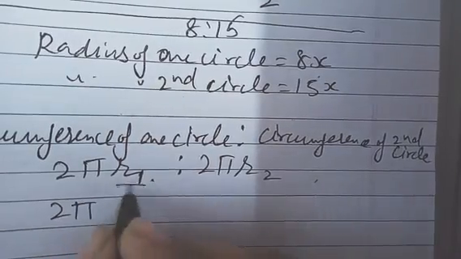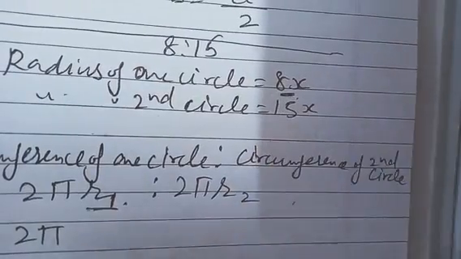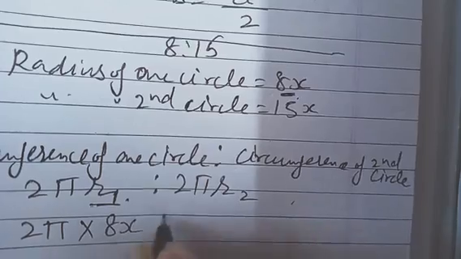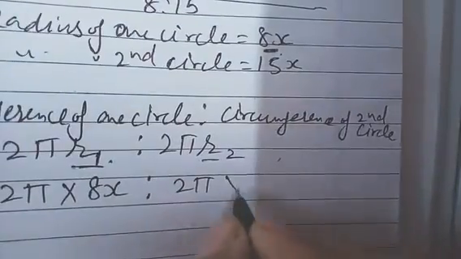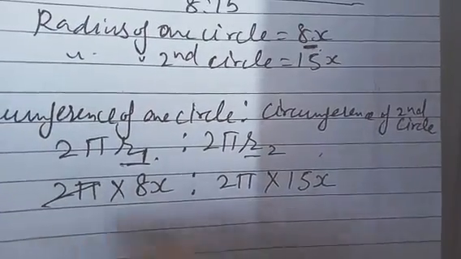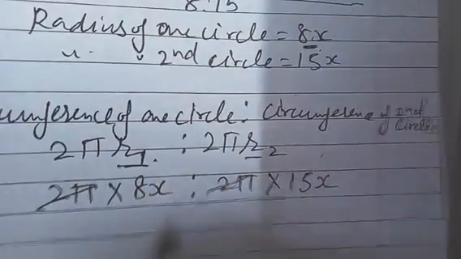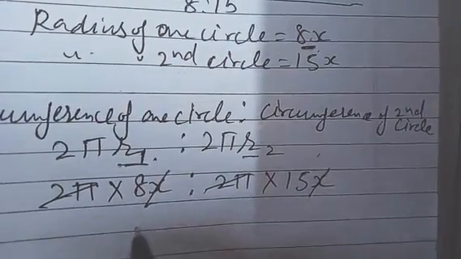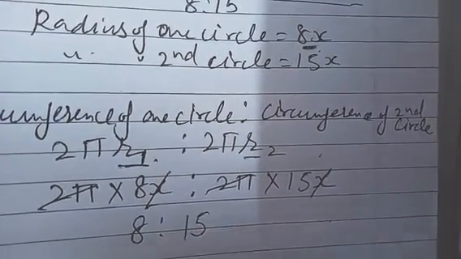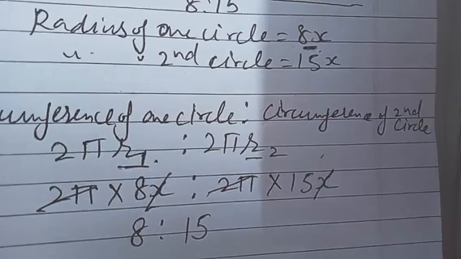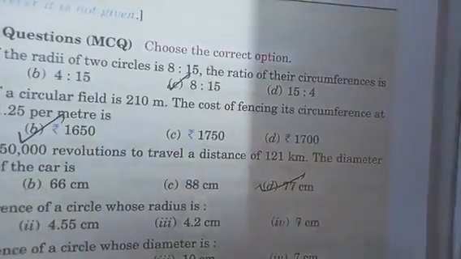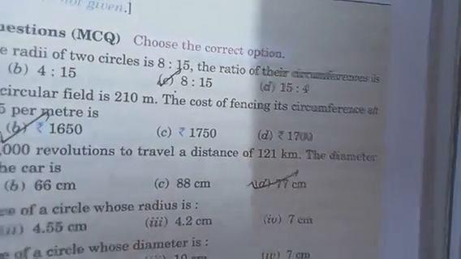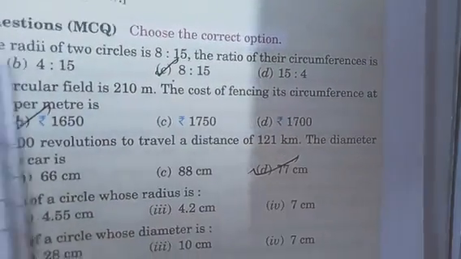The radius of one circle is 8x, ratio 2 pi, write as it is. The radius of the second circle is 15x. Now 2 pi cuts with 2 pi, x cuts with x. What will be the answer? 8:15. The ratio of their circumferences will be 8:15. It is option C.